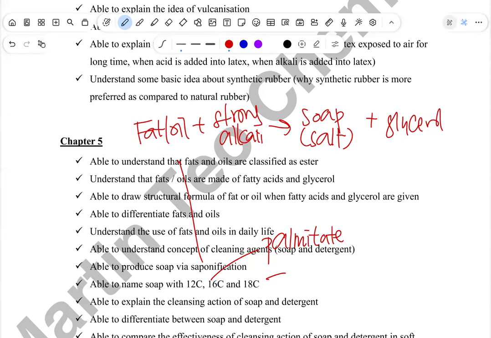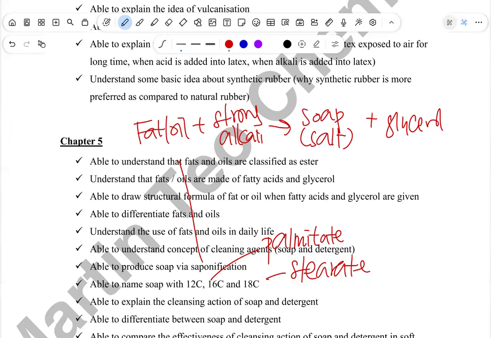Anyone remember that? 18 carbon is stearate. Make sure everyone knows how to get the name for your soap.